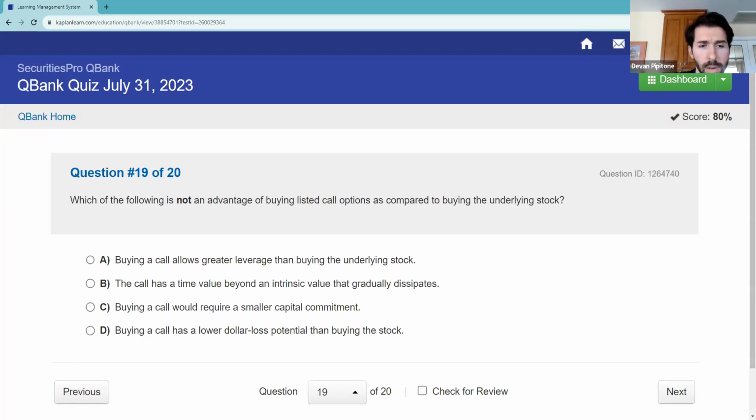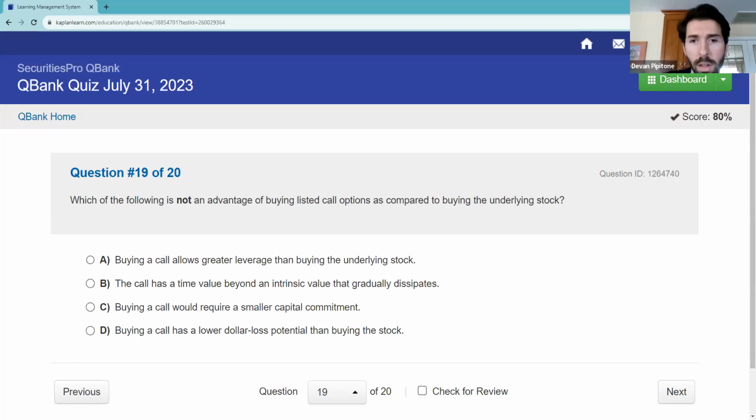Let's see. So we're looking for not an advantage. So that wouldn't be C or D. Yeah, I like it. I love it. That's a great way to think as a test taker. So you got a 50-50, always helpful.